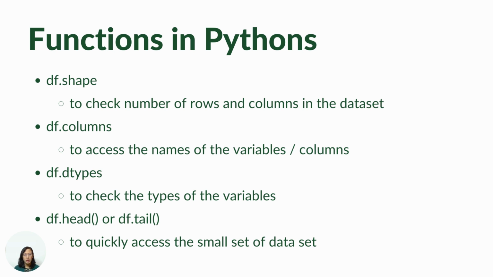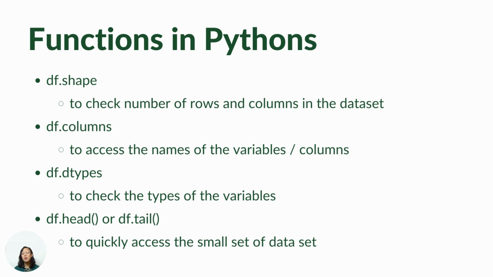All right. And next, df.dtypes gives you a handy tool to check the types of the variable. Are they numerical, are they categorical, or are they date and time format? Likewise, df.head or df.tail give you a way to quickly access a small set of data.